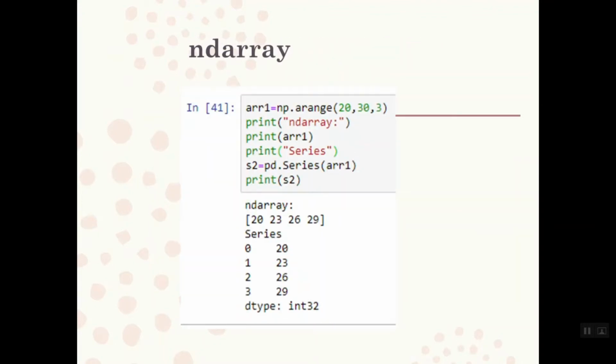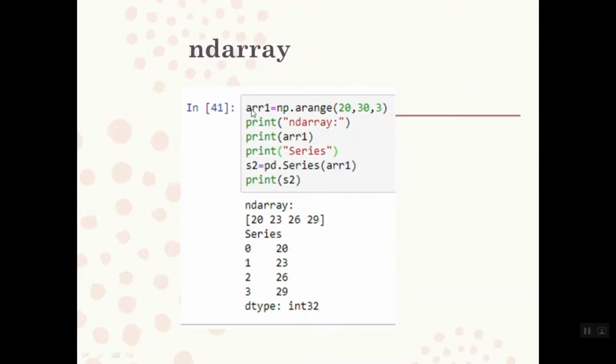Now through ndarrays or NumPy. We can again create it through the arange function by specifying the initial value, the final value and the step between them. If I've given 20, 30 and a step of 3, we will have 20, 23, 26 and 29.